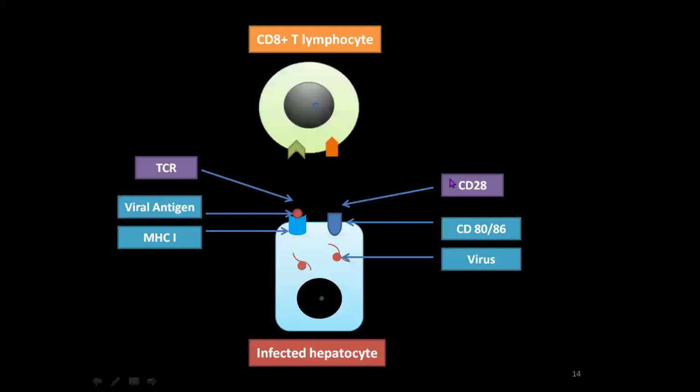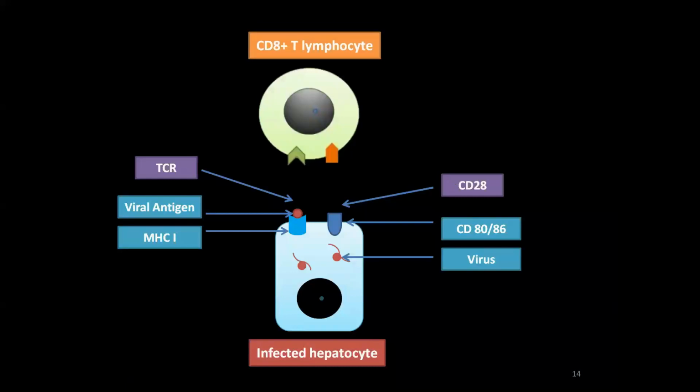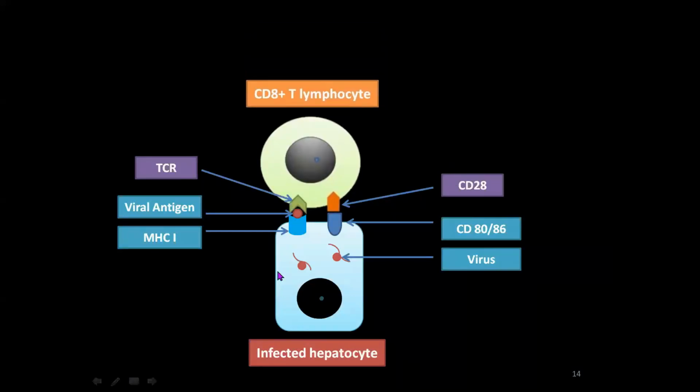This illustration shows infected hepatocytes presenting antigen to CD8 positive T lymphocytes. Antigen that is displayed on the surface in association with MHC1 molecule binds with T cell receptor present on the surface of CD8 positive T lymphocyte.